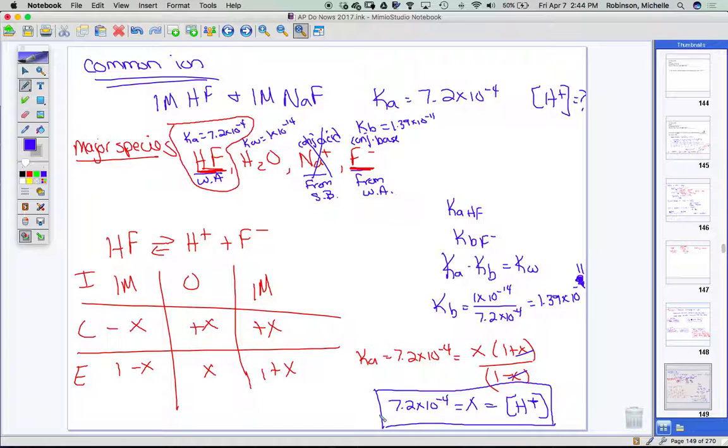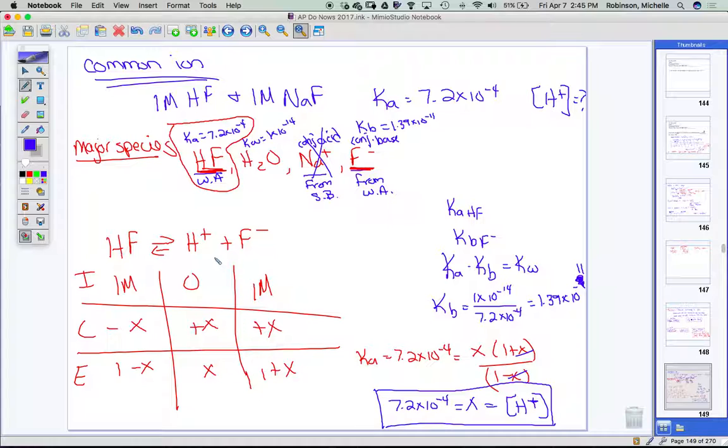What happened to our H plus? It decreased, right? So the weak acid still dissociated some. It still shifted right, but did it shift as far as it would have if there were no F? No, and that's the point, it didn't shift quite as far. That's what a common ion does, it keeps it from shifting quite as far to the right.